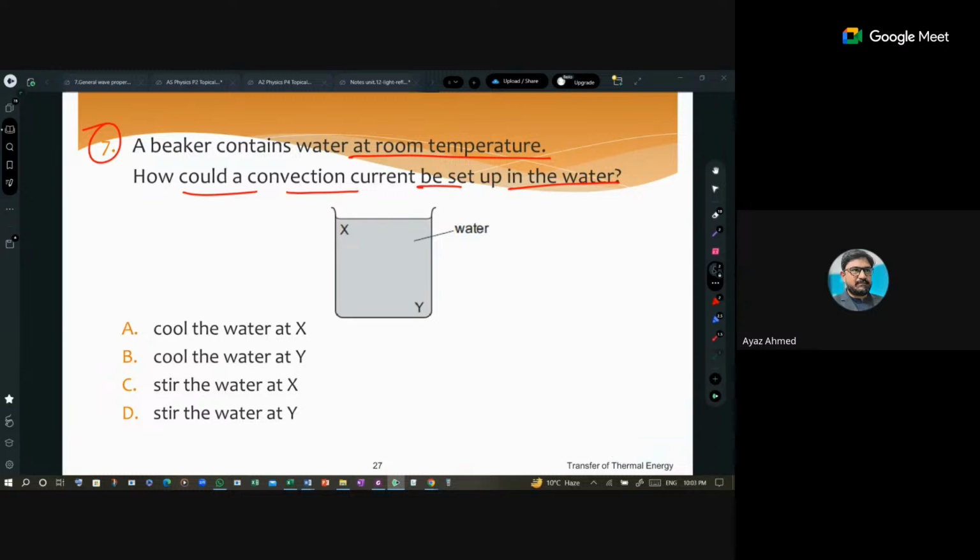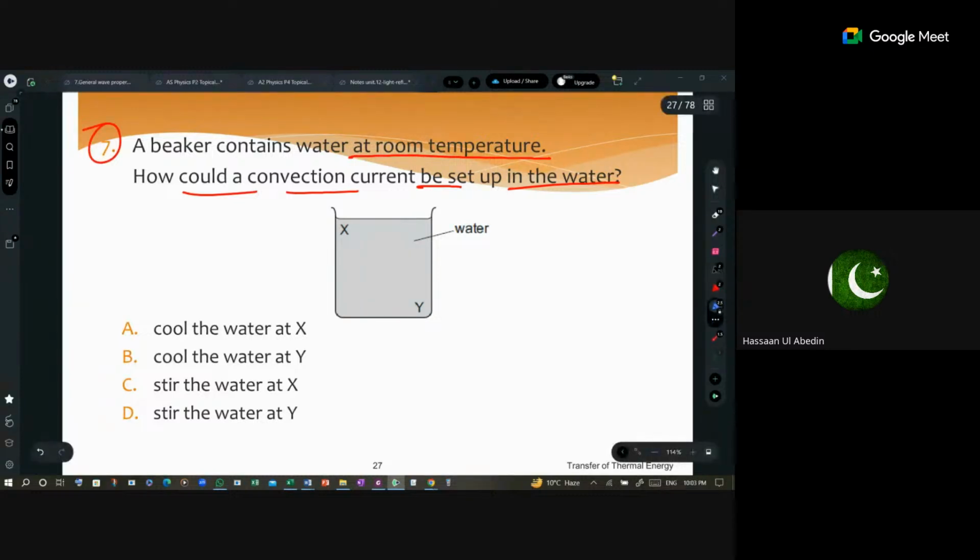Now it's first turn, I offer to Hassan. Hassan, can you convince the D option students? Sir, if you cool the water at X, the cold water is denser.